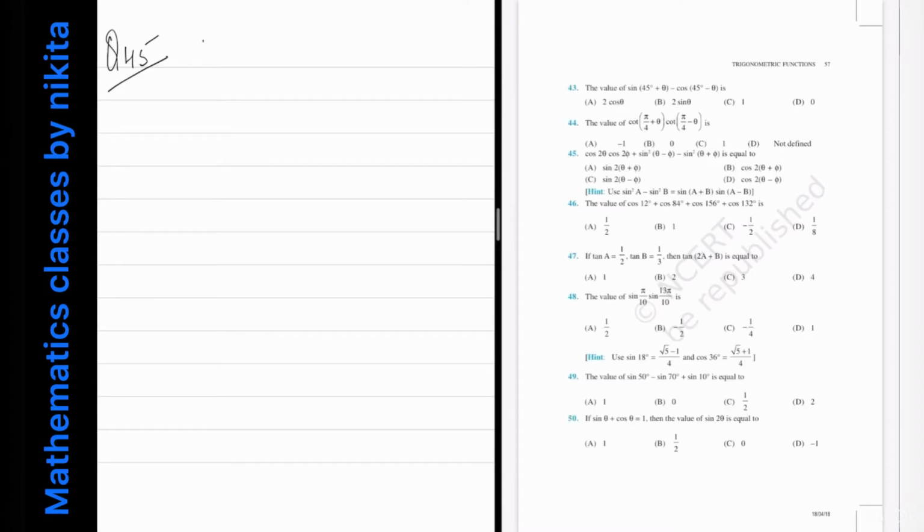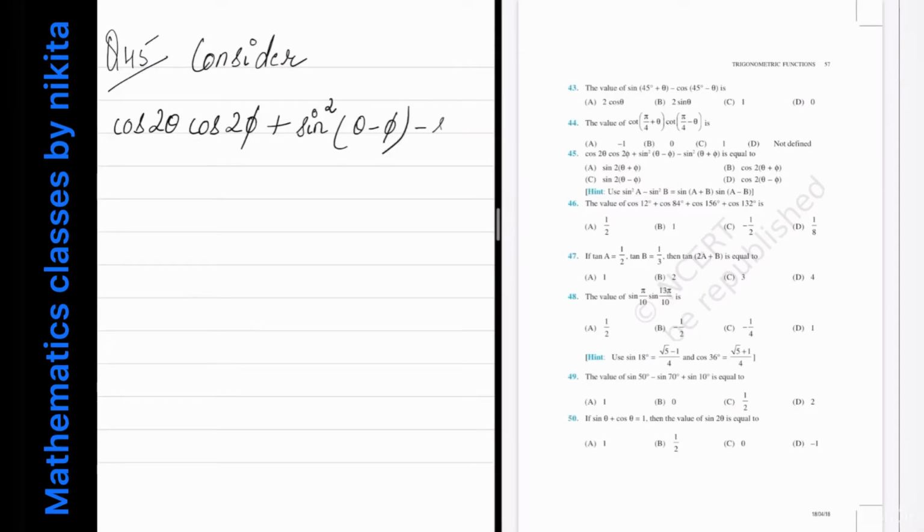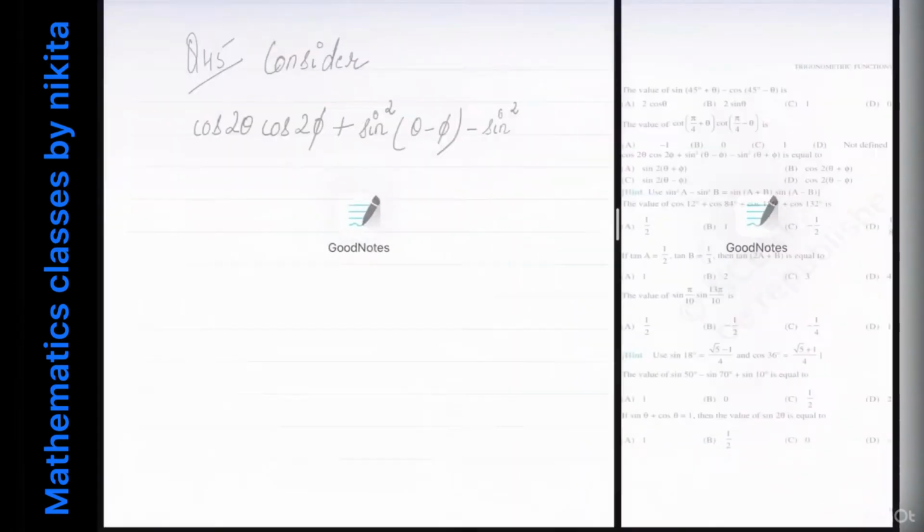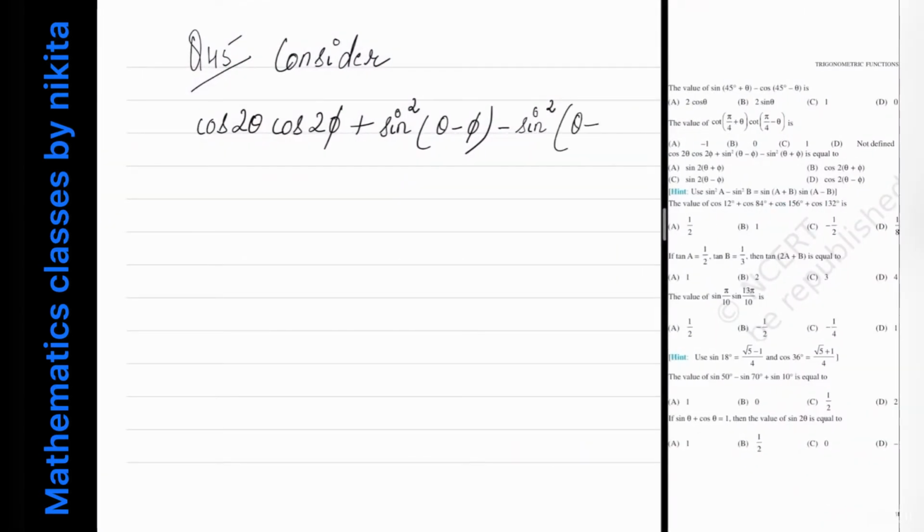So consider cos 2 theta into cos 2 phi plus sin square theta minus phi minus sin square theta plus phi. This is equal to.